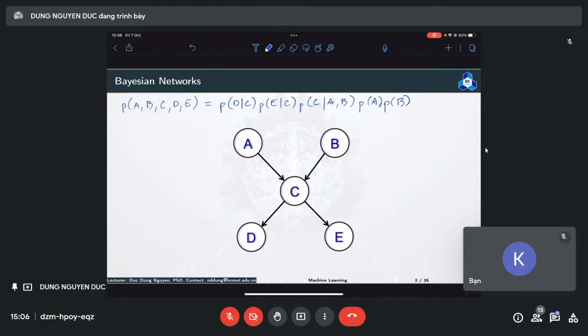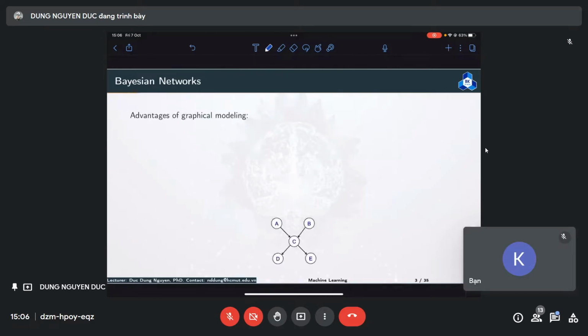You can gather them easily by just counting, depending on the problems, of course, but overall, it's not hard to gather. And we will talk about it shortly, I think. Let's see. The advantage of this one, as I mentioned earlier, is that we can have some properties like conditional independence.